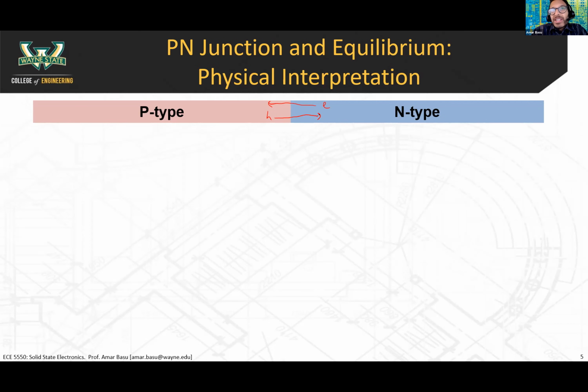Whenever you have electrons and holes in close proximity to each other, there's a probability that they'll recombine. So one way to enhance recombination is just to have a high concentration of electrons and a high concentration of holes. But what do we have in the p-type material?